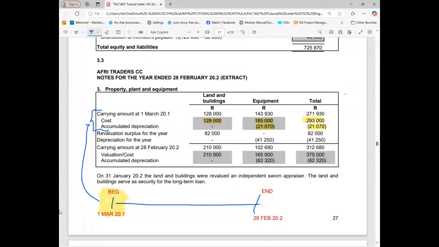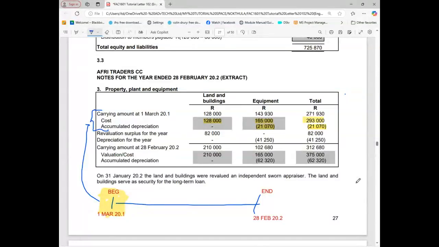Say that again, please. Which one minus which? Cost minus accumulated. Cost minus accumulated, you get carrying value, or carrying amount. Let me write that down.